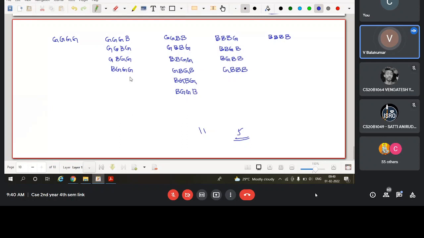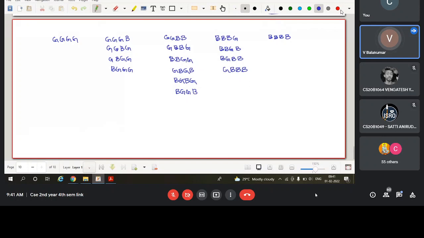These are the 16 possible outcomes in our experiment. The experiment is recording in our canteen whether it is a boy or girl. Now, the 16 possibilities are categorized in terms of number of boys or number of girls.